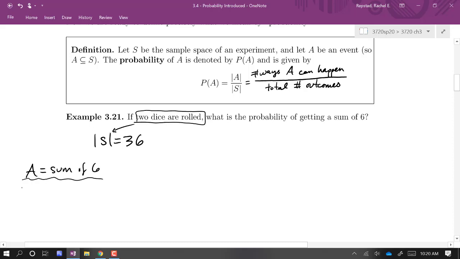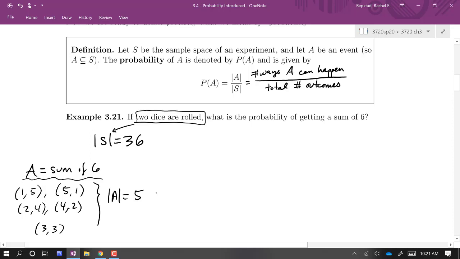And let's write out the ways that can happen. I can get a 1 and a 5, or a 5 and a 1. I can get a 2 and a 4, or a 4 and a 2, and then I could also get double 3s. All right, so those are all the ways to get a sum of 6. So the size of A is equal to 5, and that means that P of A, the probability of A, is 5 over 36.